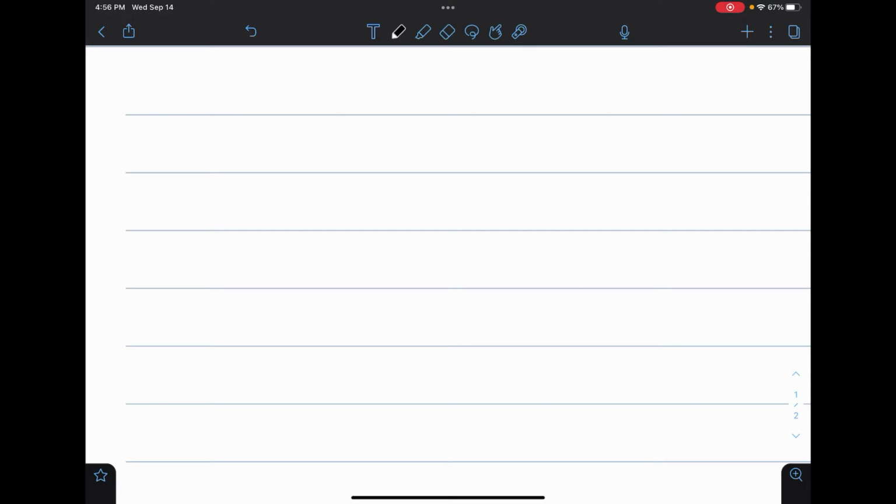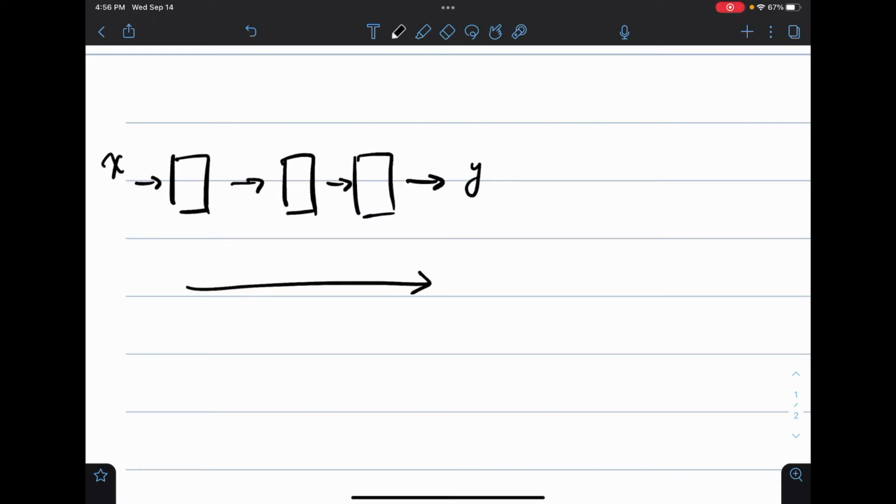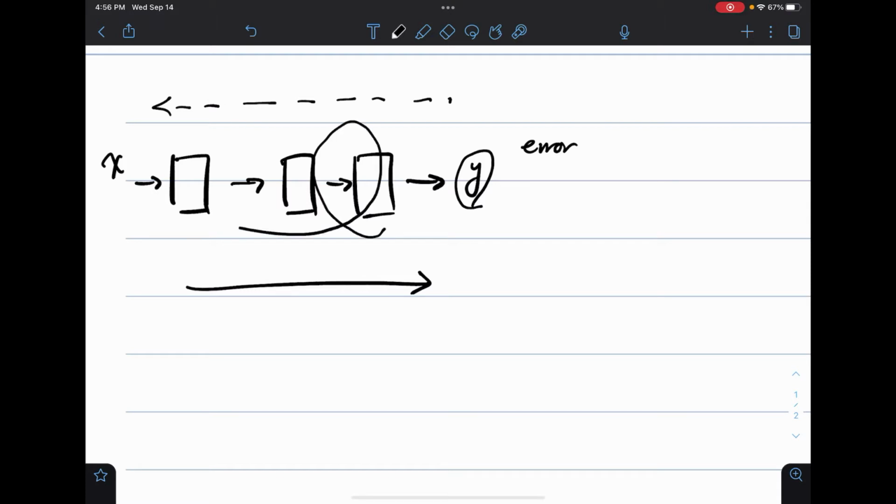Let me just draw it now. Let's say that we have multiple models right here, and we have data right here, and we have an output. The forward pass discusses how the input transforms itself into the output, while backpropagation focuses on how the error of the output gets updated with respect to all of the parameters in the neural network model, up to the input.